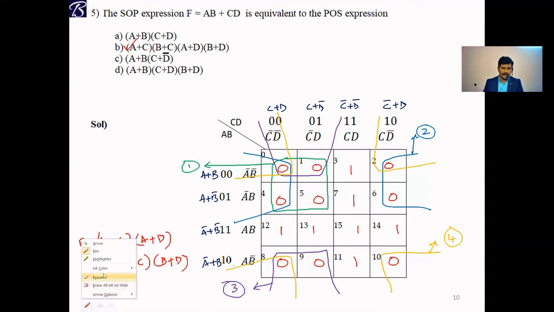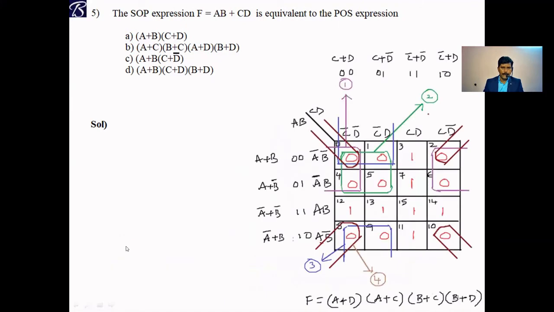Let us check the answer. Option B is correct. Please pause this and note down. Let us move to the next practice problem.